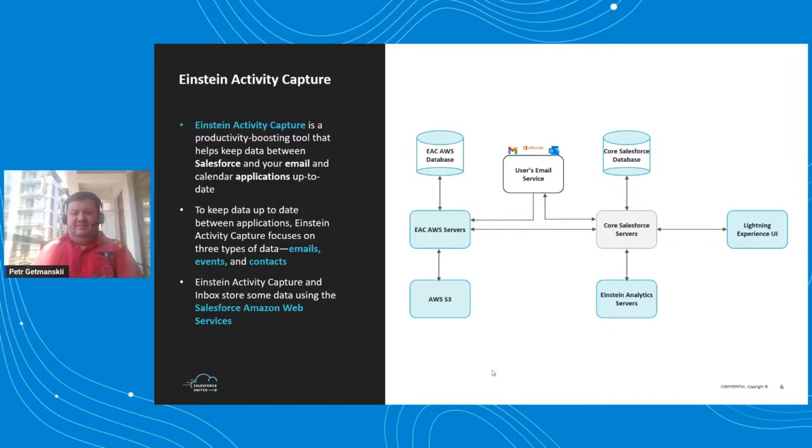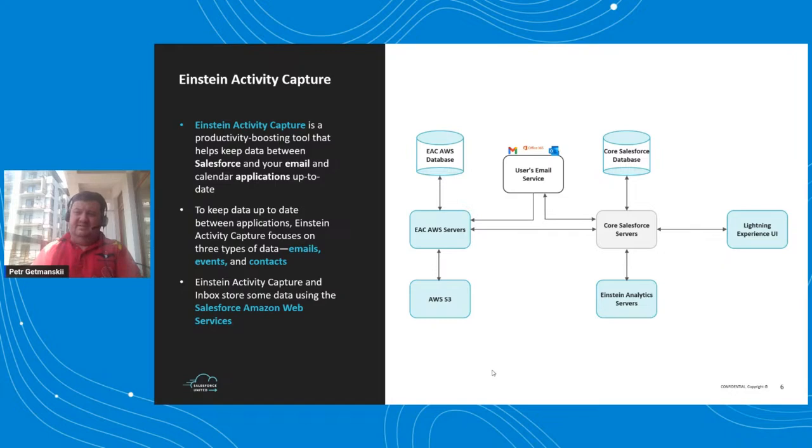Then, if we change something on the Salesforce side, it goes directly to AWS and tries to find the mapped data, like mapped contacts, mapped events, and if our system finds such mapping, it just changes data on our connected account. Basically, it's also true the other way.